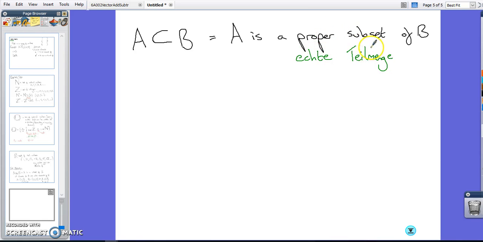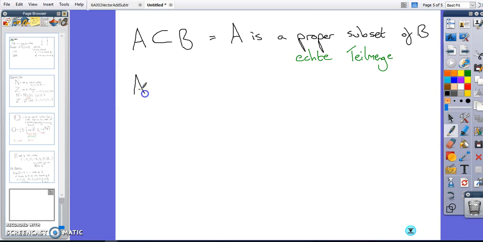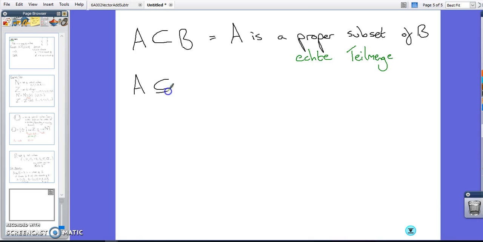So in the example we had before, A is a proper subset of B, because A is fully contained within B, A is a subset of B, and A is not equal to B. They're not identical. This is our formal mathematical definition of a proper subset. A is a subset of B, and A is not equal to B.